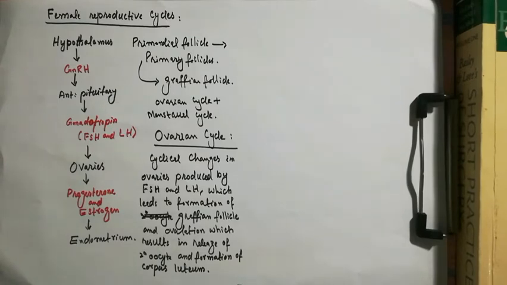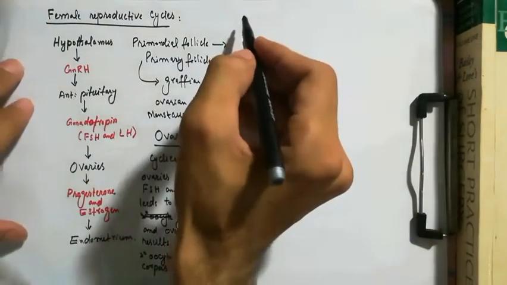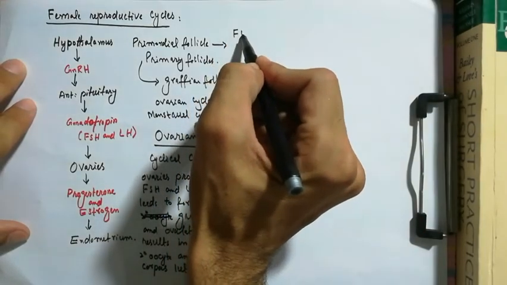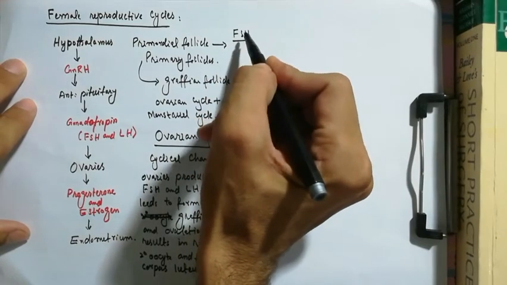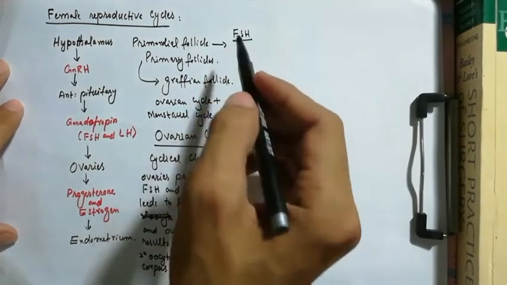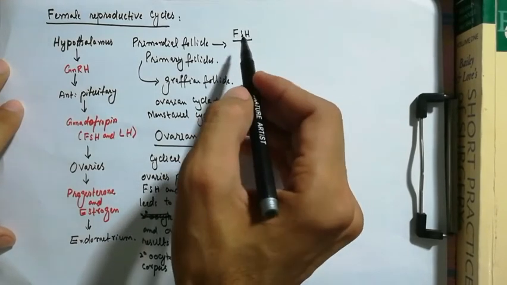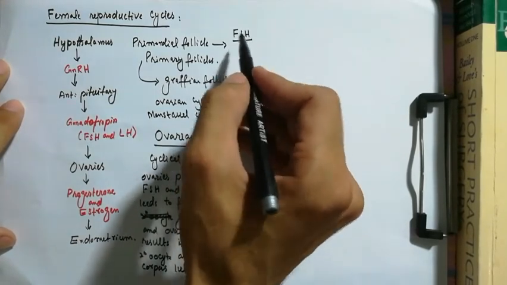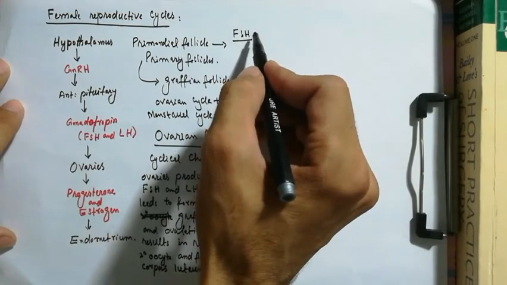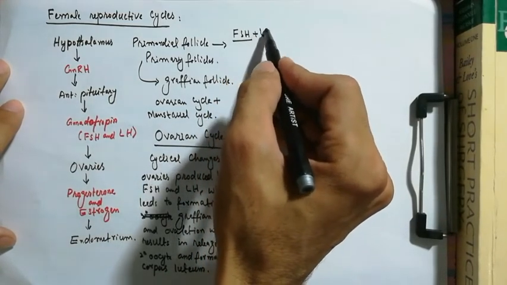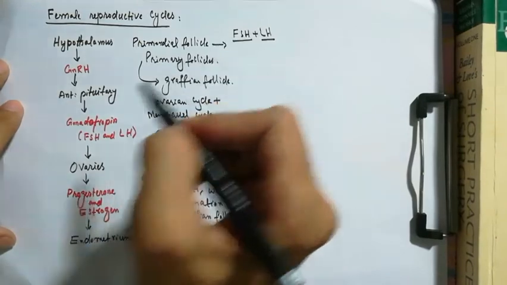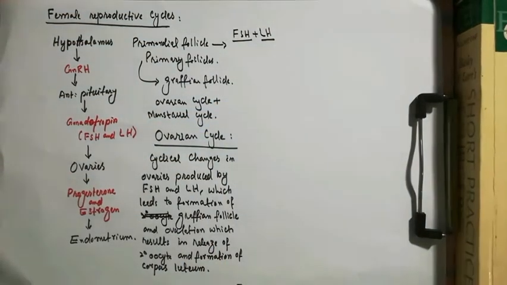Early development of ovarian follicles requires follicle stimulating hormone only, but later stages of development require follicle stimulating hormone plus luteinizing hormone. Development of ovarian follicles is already discussed in oogenesis.